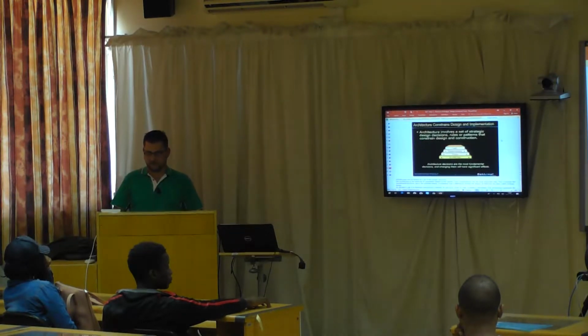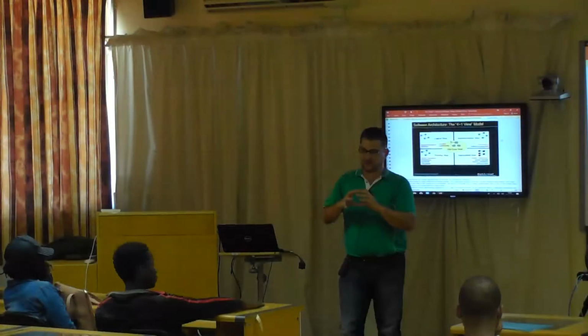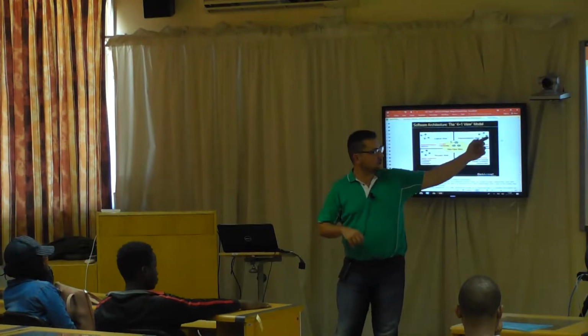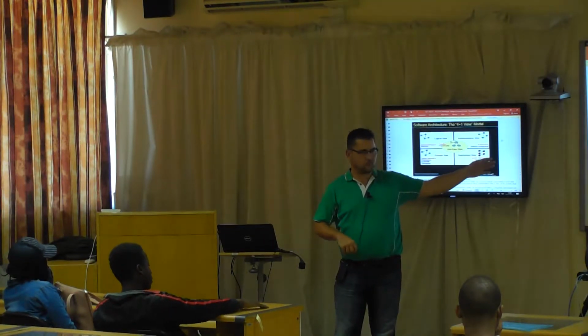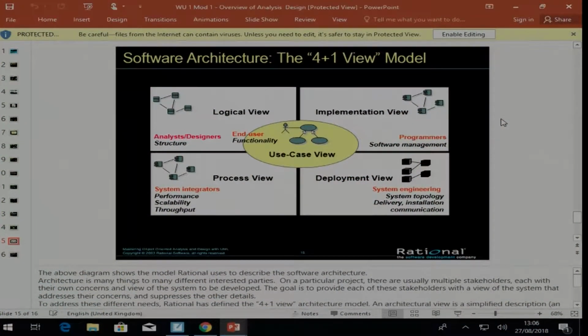Okay. So then it goes over to say that there's a 4+1 view or model of our system, and we are looking at different components or different perspectives of our system when designing this. You can look at a logical implementation or deployment or process, but the main one which stays from all this is your use case view.